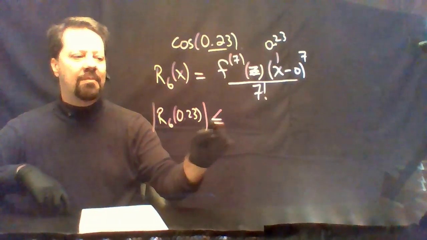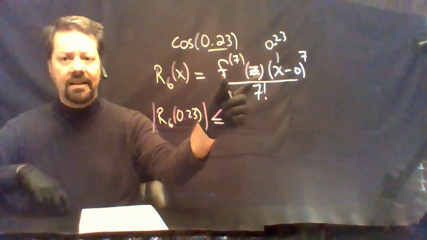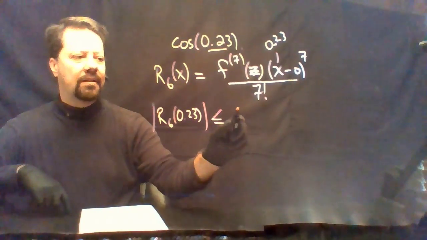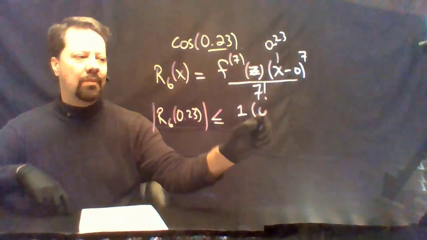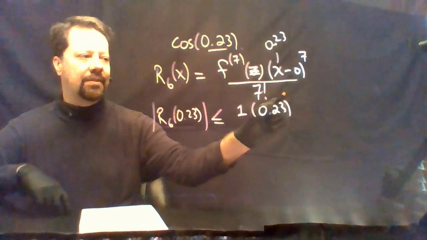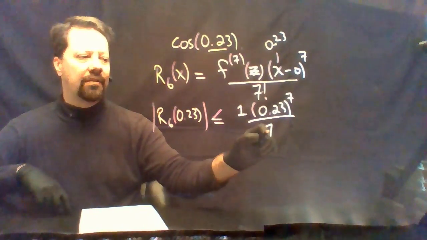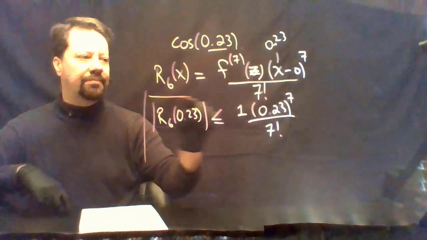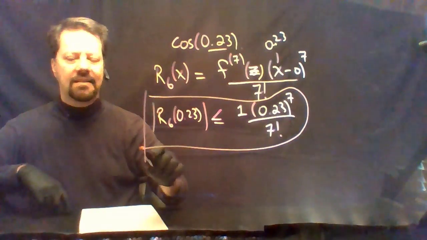We need an upper bound on this. Sine gets no bigger than 1, so let's estimate this by 1. We'll have 0.23 to the power 7 over 7 factorial. Let's leave our answer as this.